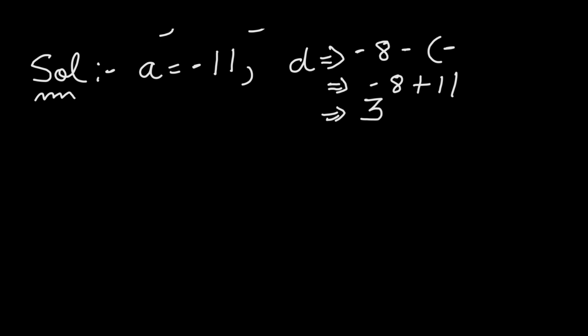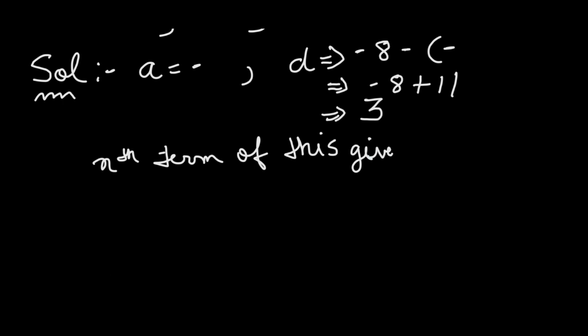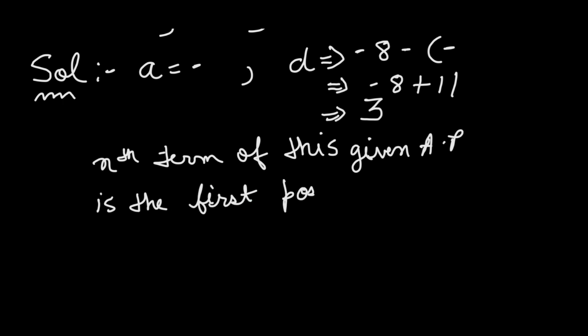So they want us to find the first positive term of the given arithmetic progression. Let us suppose that the nth term of this given AP is the first positive term.